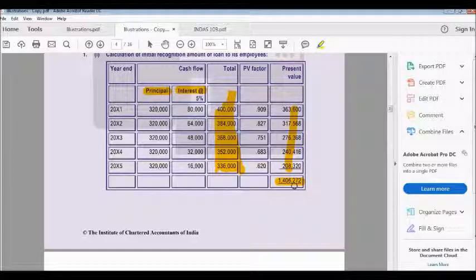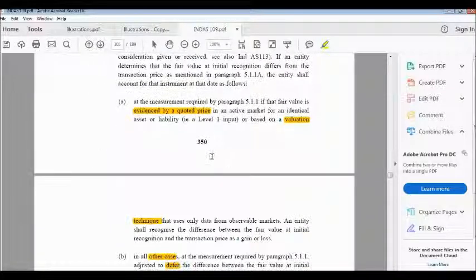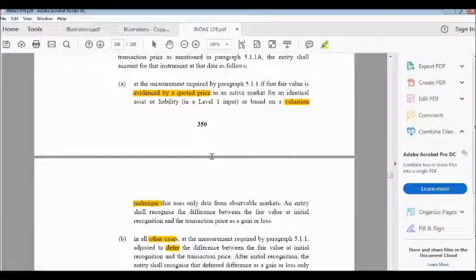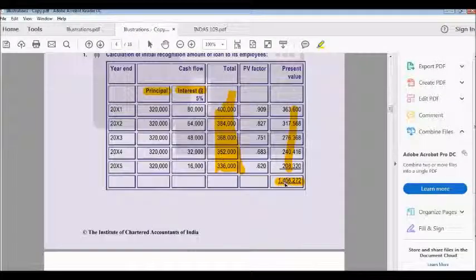So the difference between the transaction value and the fair value will be amortized, because we have also seen it in our case, you will have to amortize and defer the difference between the transaction value and the fair value if you don't have any evidence by quoted prices and you don't have a valuation technique. So in our example, we will defer the difference between 16 lakh and 14 lakh 6,272.